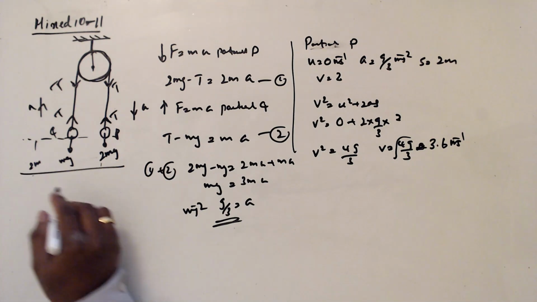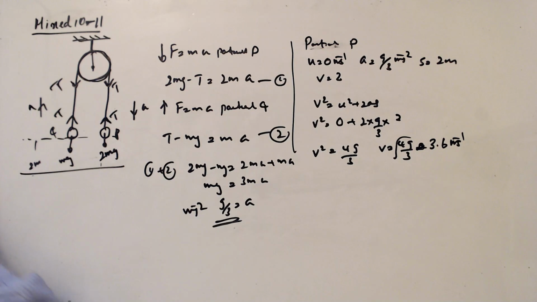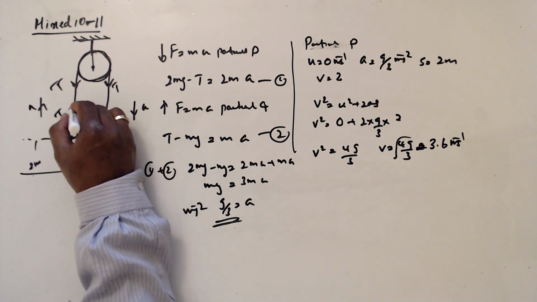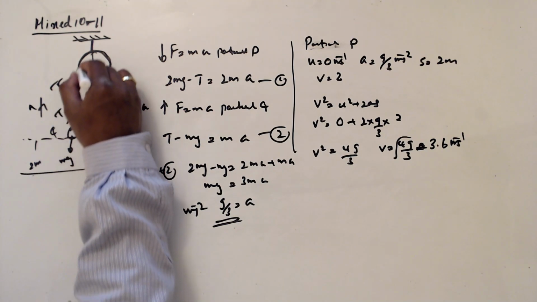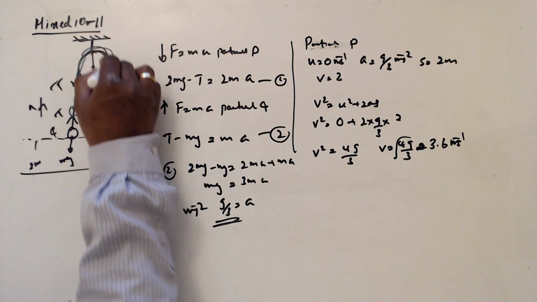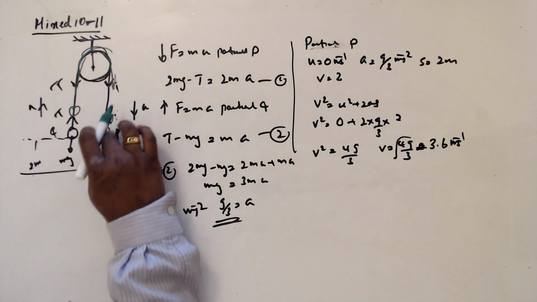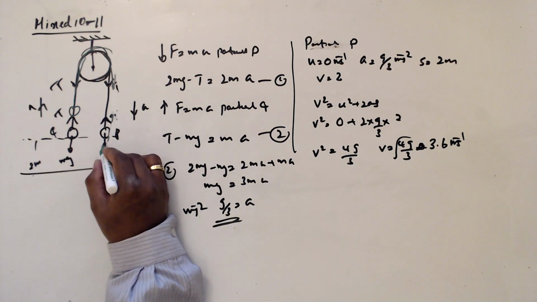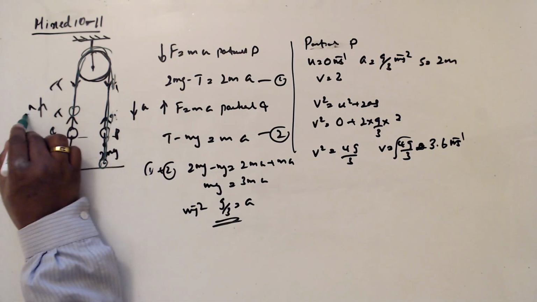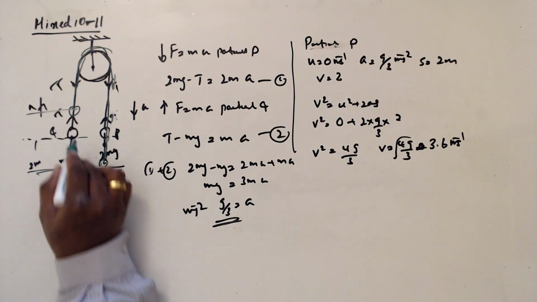Now the next part is we need to find the greatest height of this one. So when it hits, this ball is somewhere here, and at the ground this distance is 2 meters high.